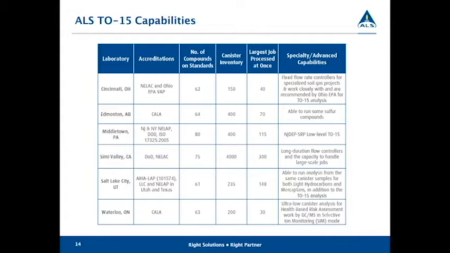And we have another question from Mary. She said, when canisters are individually certified, are the flow controllers also individually certified, or is this individual certification of flow controllers a separate request? That's a separate request. Okay. We have another one from Charlie. He says, is the Waterloo lab the only lab that can do the capability listed there, health-based risk assessment?